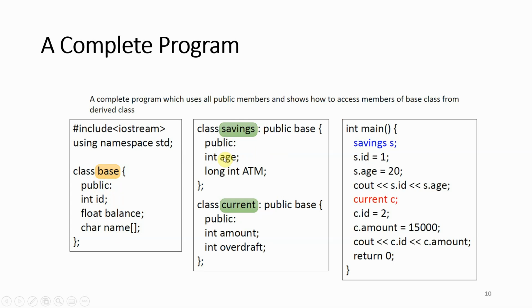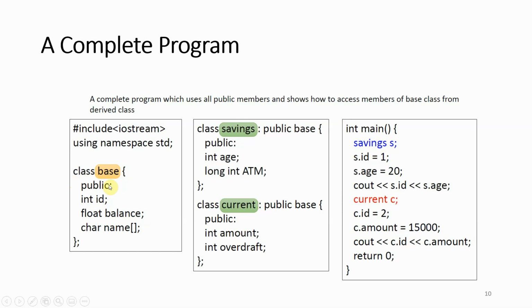Now, this one is very important. Let's look at this one. If this is, let's say, private, the derivation access mode is private, this code would work fine.